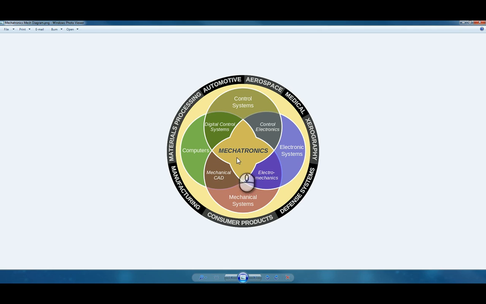In this case, this particular one describes it as control systems engineering, electronic systems engineering, mechanical systems engineering, and computers. All four together would give you mechatronics engineering. Obviously, you start to break down the other two ones here. So control systems and computers would give you digital control systems. This is what this one's talking about. So all four together, mechatronics.